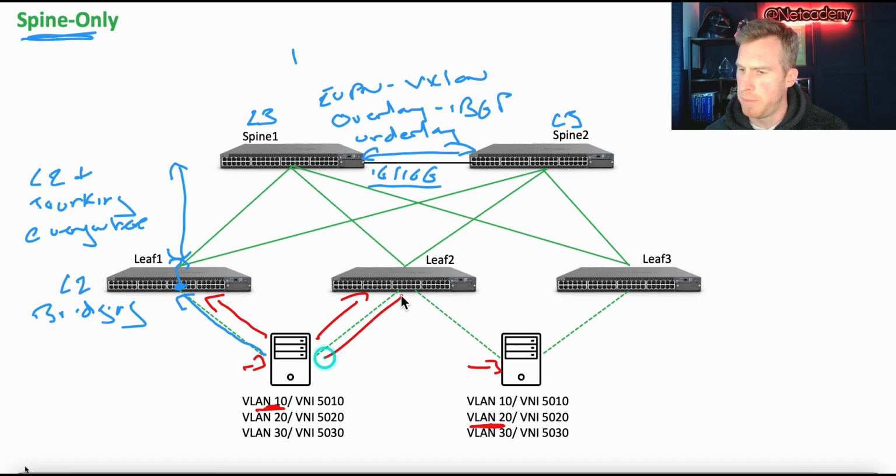So let's just say it picks leaf 2 as the next destination to send this traffic to. At which point leaf 2 can send it to spine 1 or spine 2, but it's going to pick this layer 2 trunk here and send that traffic up to the layer 3 interface, because we're going from VLAN 10 over to VLAN 20, or from VNI 5010 over to VNI 5020. So we need this layer 3 interface.